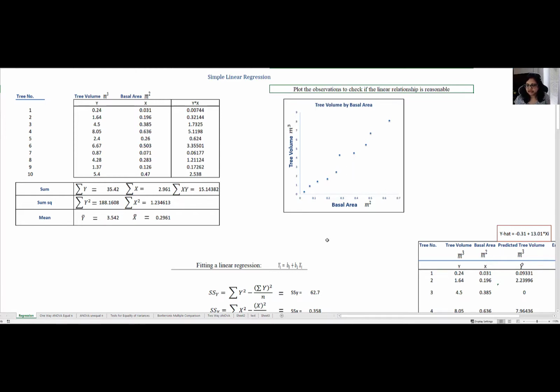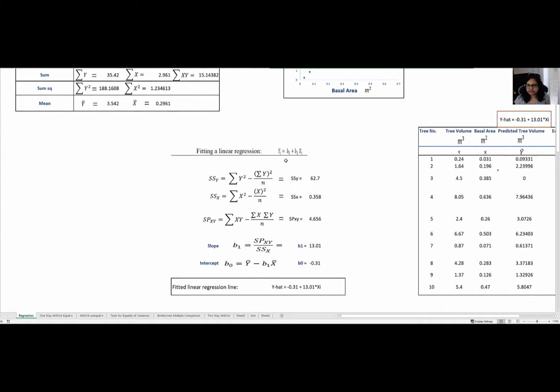To do that, our main interest is to find this regression line. To find this regression line, you can see that for the slope we have to use this equation, and for the intercept we have to use the mean values that we found, and the slope.